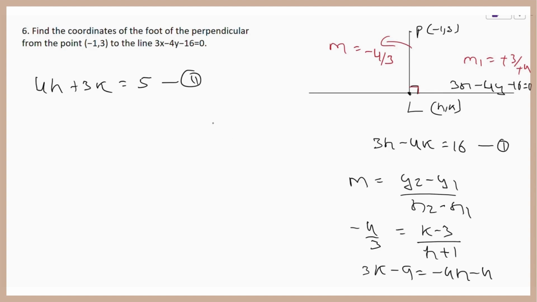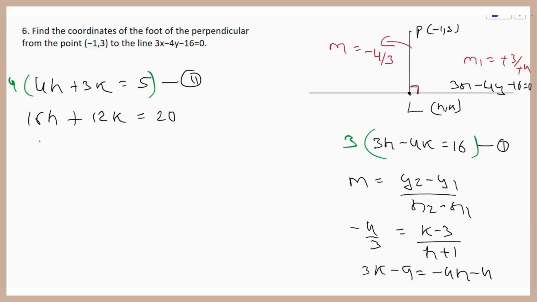Now we'll use elimination. We got two equations, one is this and the other is this. So I can eliminate any of them. Say for elimination, I'm going to multiply this equation by 3 and this by 4. So first I'm writing this equation, 4 into 4 is 16 times h plus 12 times k equals 20.